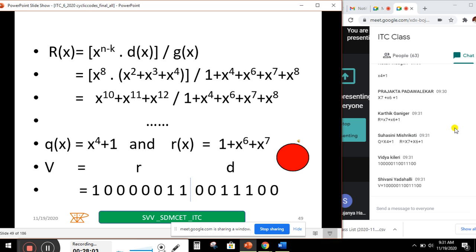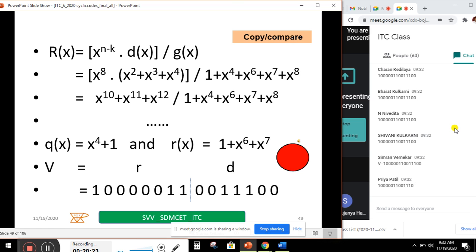Shivani Adhali is typing the answer. Abhishek, Shripad, Suhasini Mishri Koti have typed the answer. Adnya Nayak got the answer, 1100 last. Okay, correct. And use q of x and multiply. Nivedita, Bharat Kulkarni, Preeti, Shivani, Priya, Simran, Geeta, Spurti, Jaysurya, Rohit, Vishwa, Shilpa, Abhay Bhatt, Shahasan, all are getting the same answer.